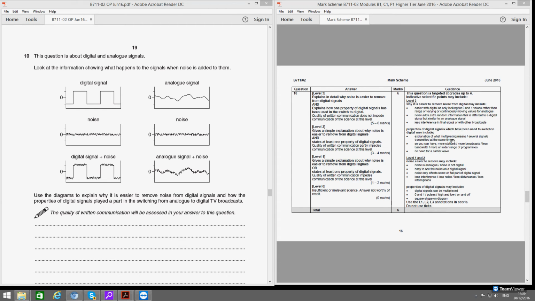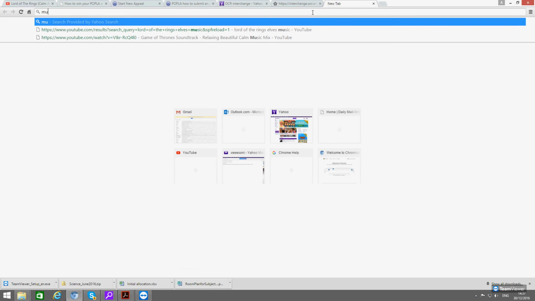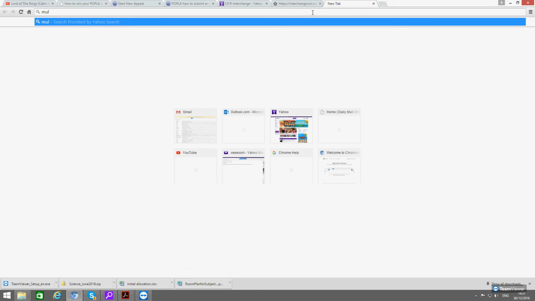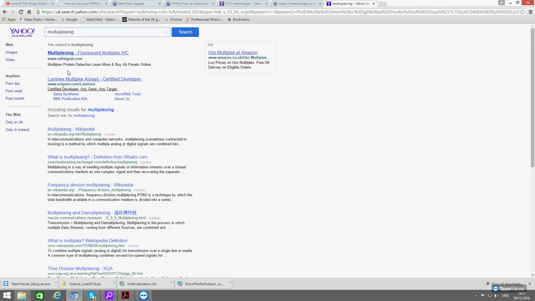I could open the book for you, but it's your job to find out what multiplexing is. Please look in your revision guide for a diagram of what multiplexing is. I suppose I could, in theory, do that here, couldn't I? What is multiplexing?